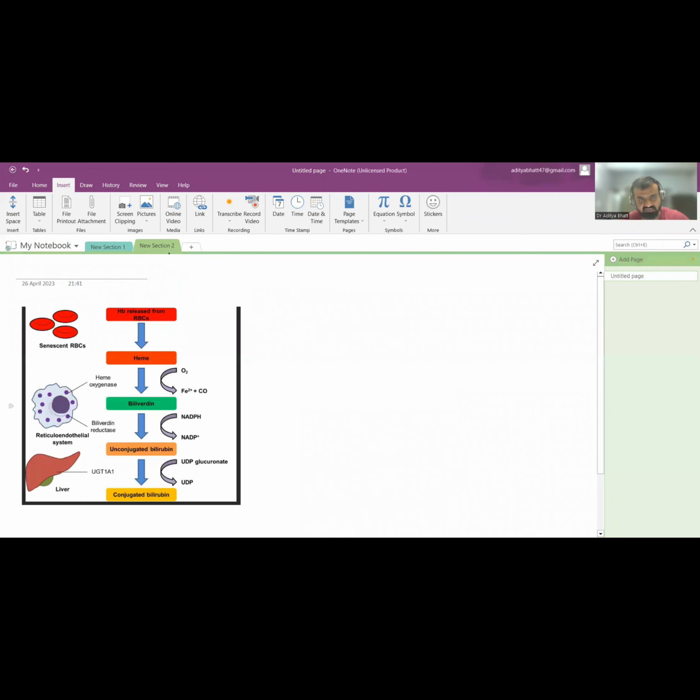Now, for understanding neonatal jaundice, the basics of bilirubin metabolism have to be explained. Here the RBC releases the hemoglobin, and this heme is converted into biliverdin by the enzyme heme oxygenase, and this heme oxygenase is the rate limiting step.